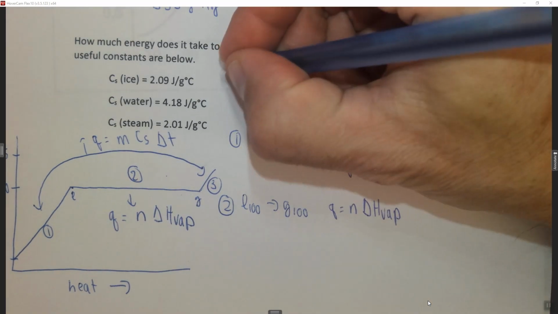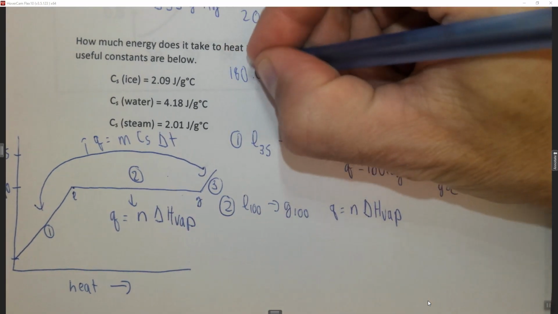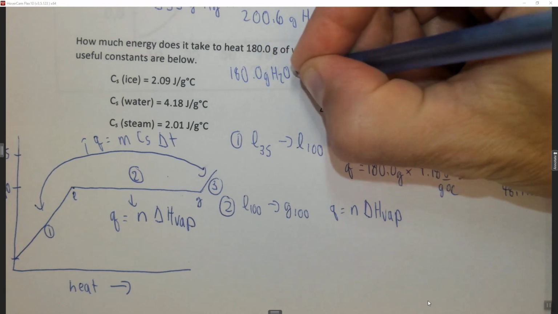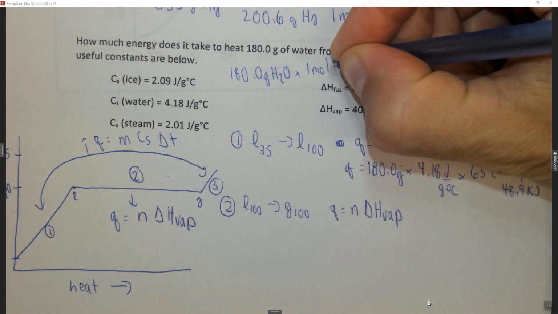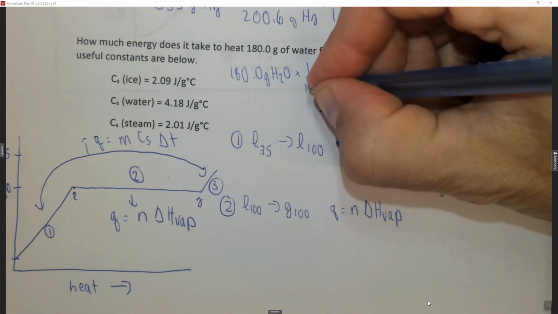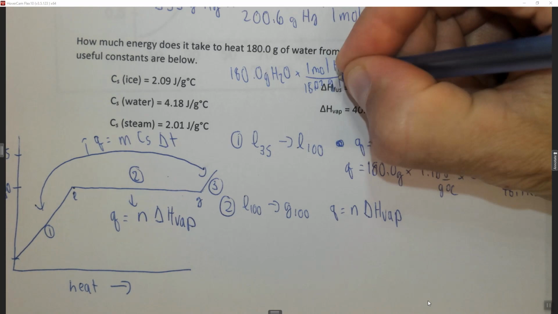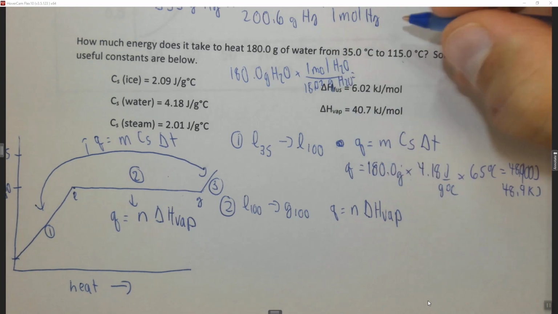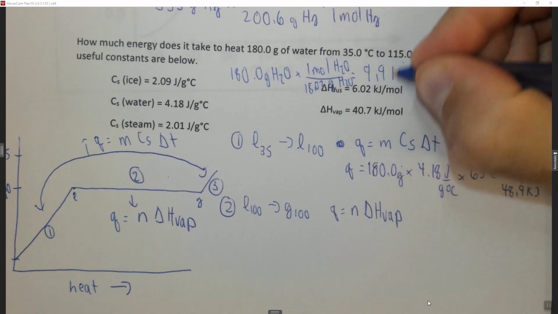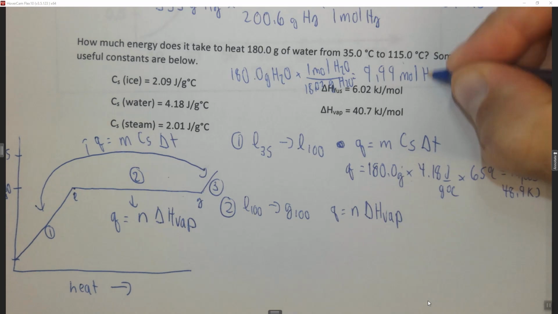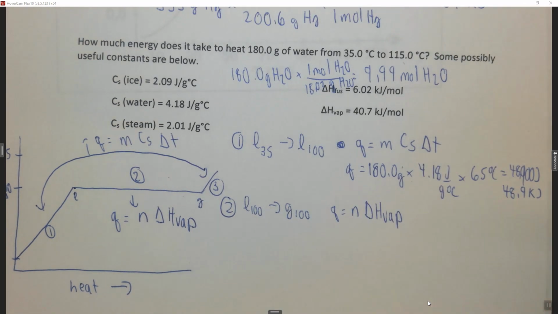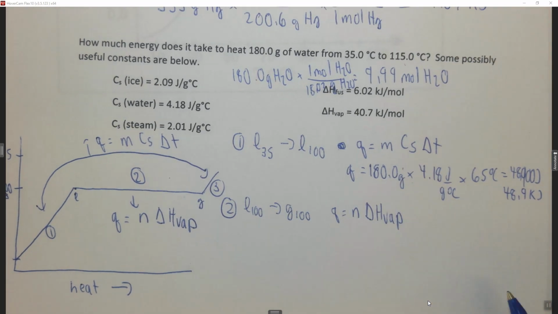So we need to take our 180 grams of water times 1 mole of water per 18.02 grams of water, which is going to be 9.99 moles of water. So we take the 180, we divide by 18.02, and it's almost 10.